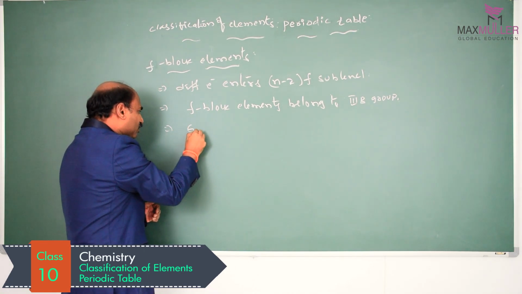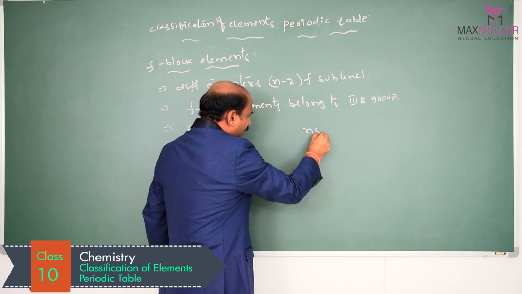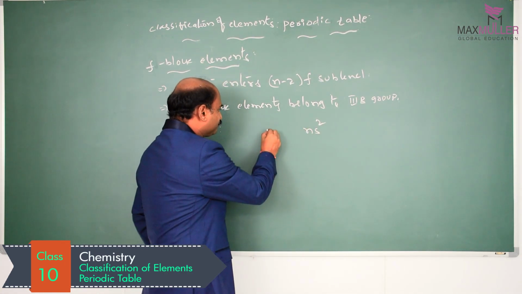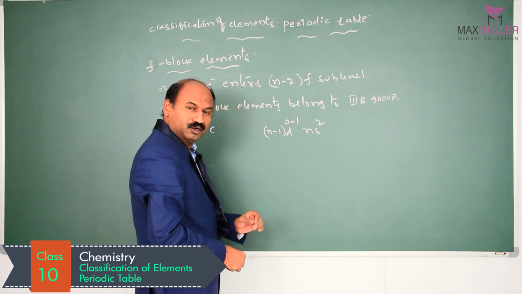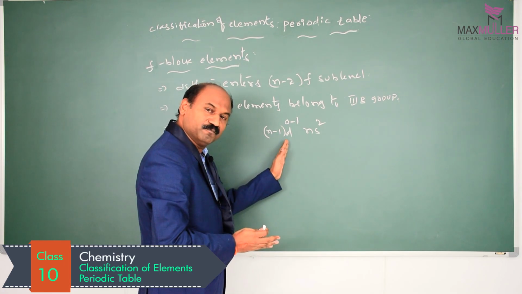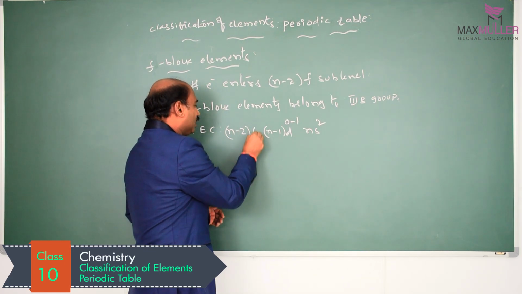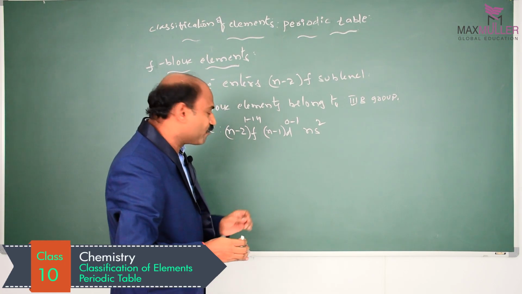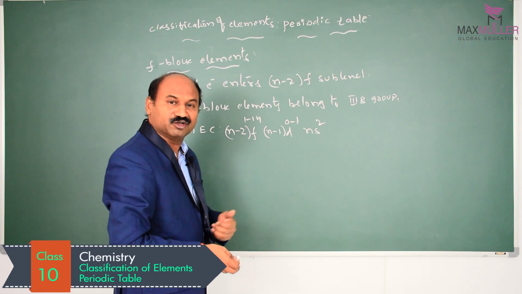Their general electronic configuration is ns2. That means two electrons are present in the ns sublevel. (n-1)d 0 to 1. 1 or 0 electrons may be present in the d sublevel of the penultimate shell. (n-2)f 1 to 14. That means the f sublevel in the antepenultimate shell may have 1 to 14 electrons.